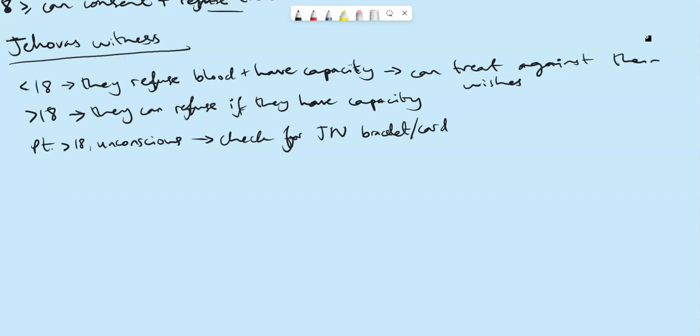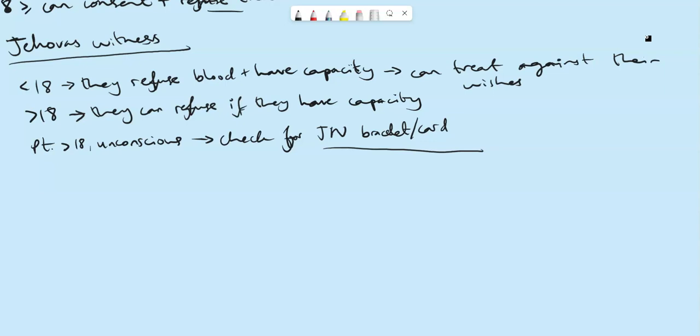So always check these things before giving it. Let's say somebody is not conscious, they need the blood urgently, and they're going to die without it. A family member might say they're Jehovah's Witnesses. Now, unless you have solid evidence that that patient is a Jehovah's Witness, you should still give them the blood product.